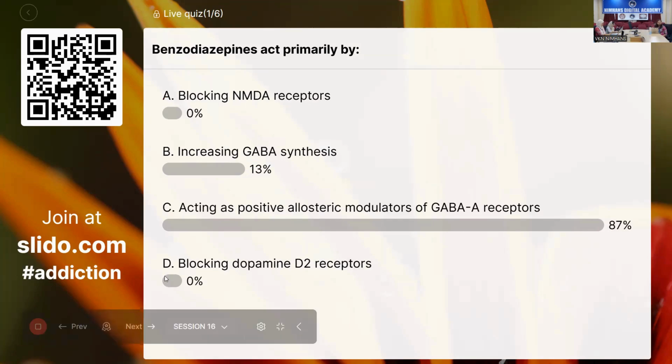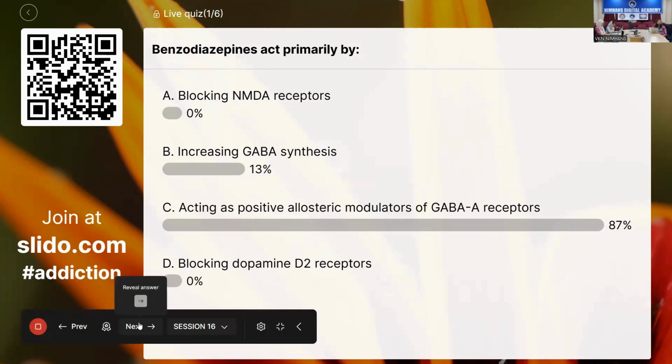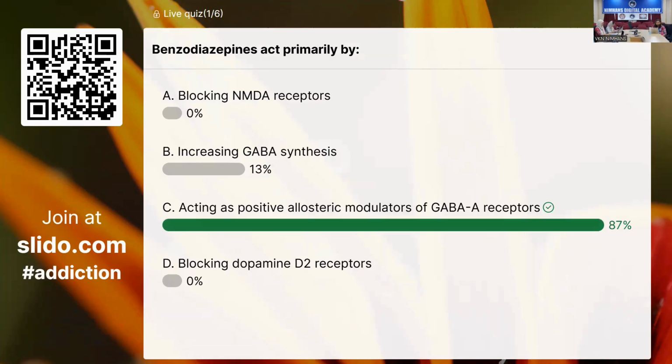Okay, so the majority have mentioned that they act as positive allosteric modulators of GABA A receptors, which is the right answer. They bind at the junction of alpha and gamma; they don't directly bind to the GABA receptor, they bind at the intersection, and they are the positive allosteric modulators.